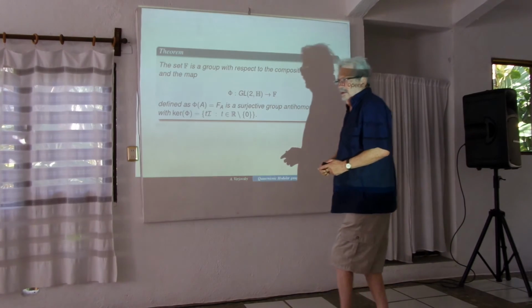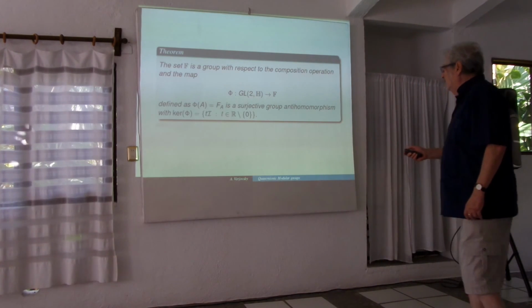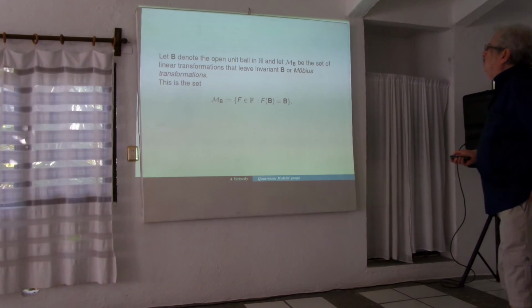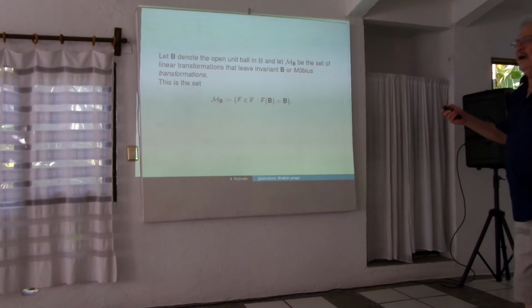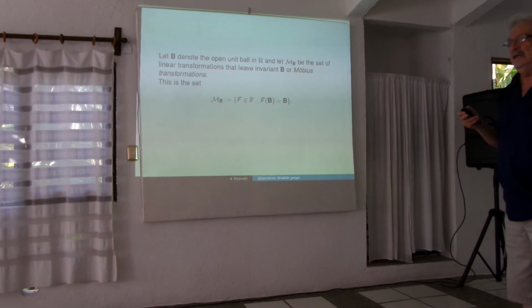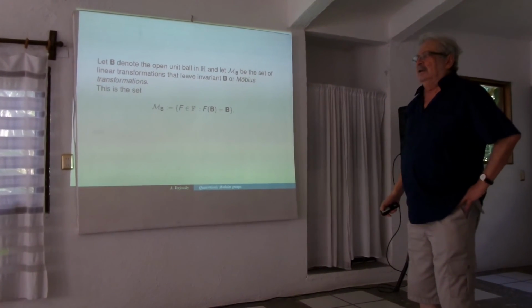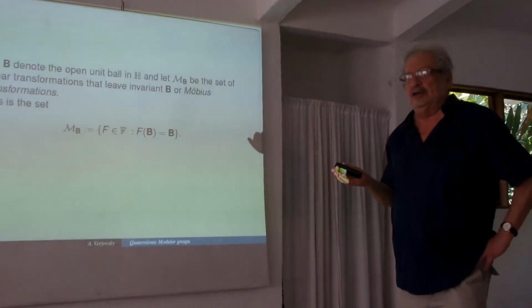Okay? Well, now, these transformations, (AQ plus B) multiplied by (CQ plus D) inverse, form a beautiful group. Depends on how many parameters?